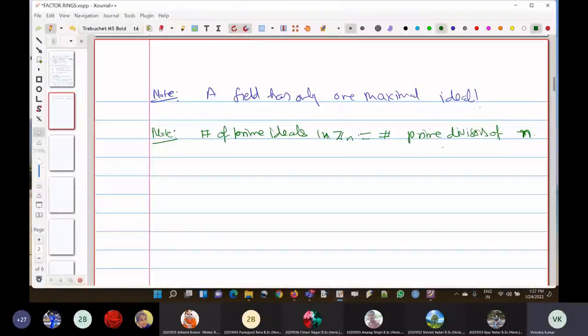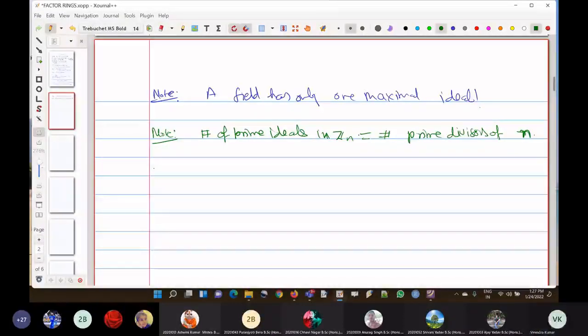At the very first glance, it seems that in that case all prime ideals are maximal ideals, or maximal ideals are prime ideals. That we will see, what are maximal and what are prime.